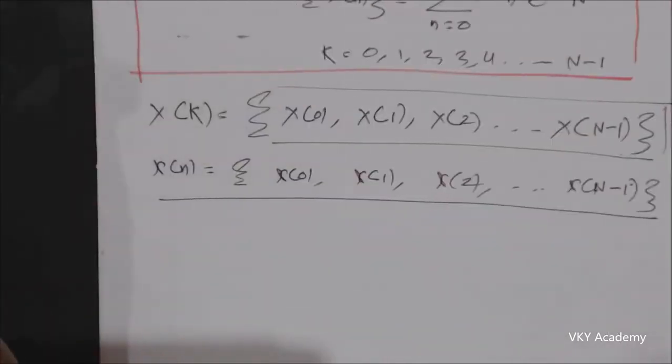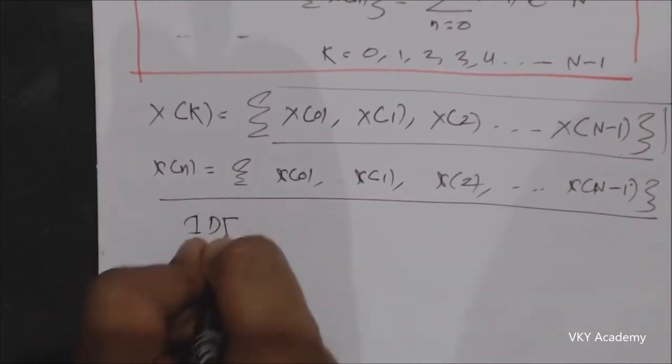Now if a discrete time sequence x of n is given, then we can calculate X of k, which is the frequency representation of the discrete time signal x of n. In the same way, we can calculate x of n if X of k is given, which is called the IDFT or inverse discrete Fourier transform.